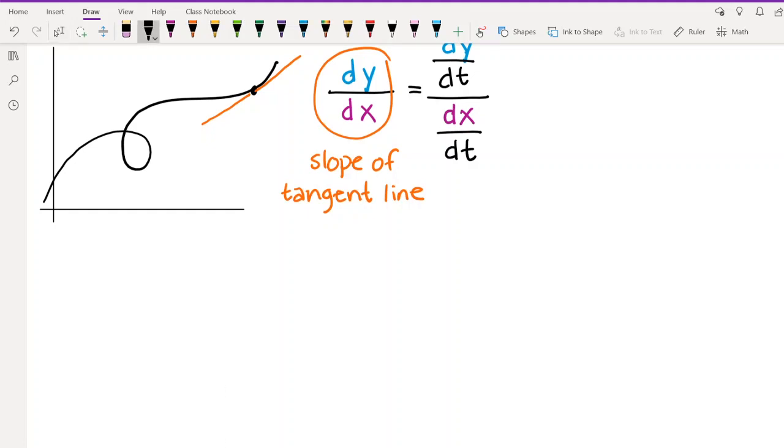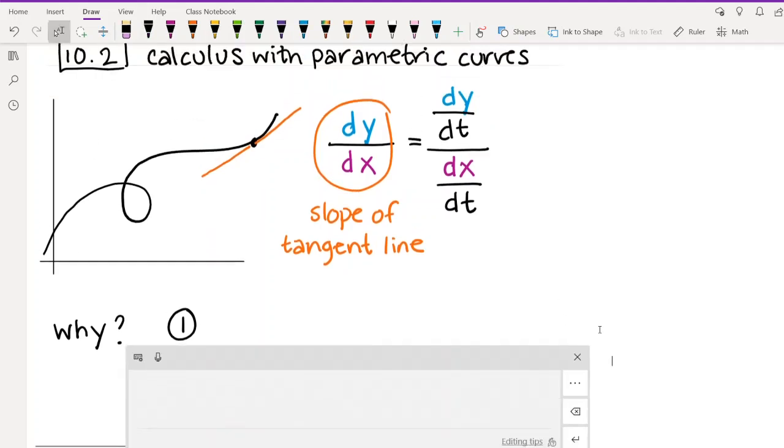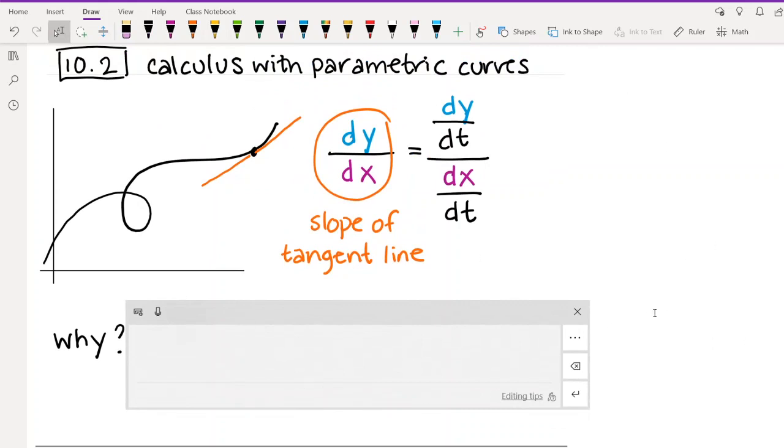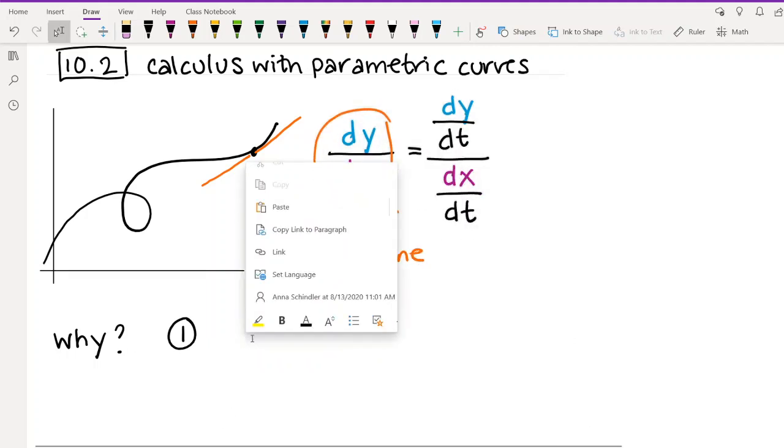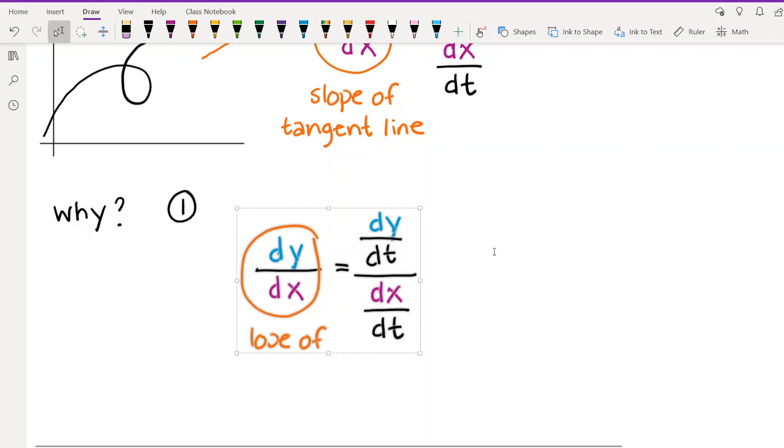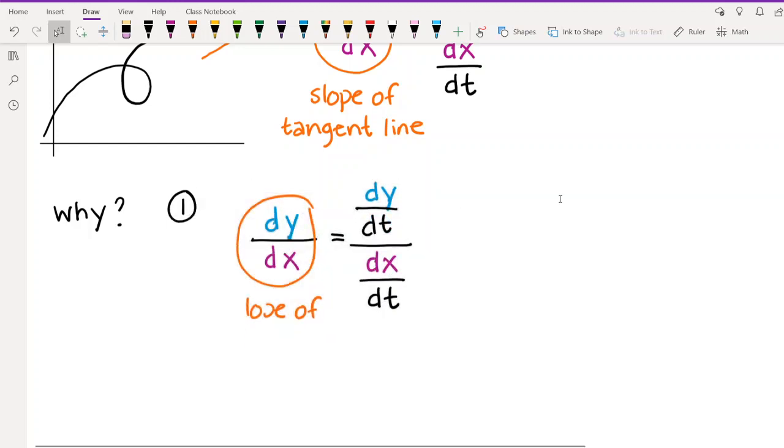So, why is this formula true? Well, there's a couple ways you can see it. I think the simplest way to see it is to think of these derivatives, dy/dx, dx/dt, in a lot of ways, as behaving like fractions, right? For example, when we're doing substitution, you kind of separate out the du and the dx.